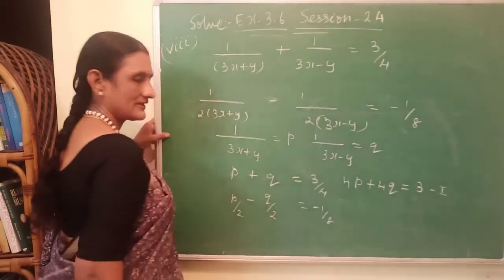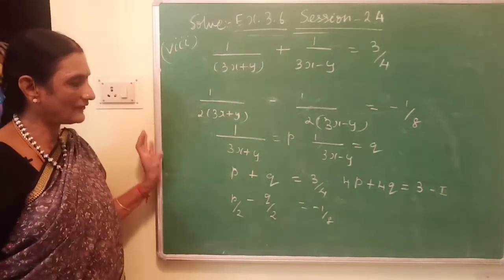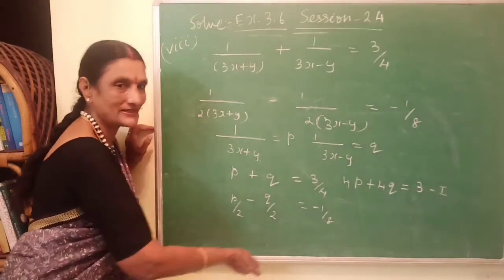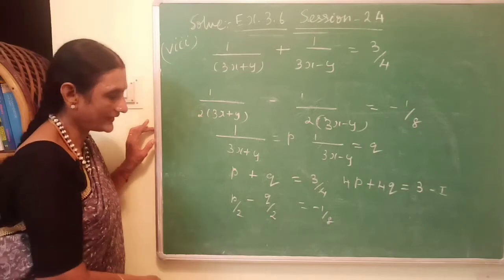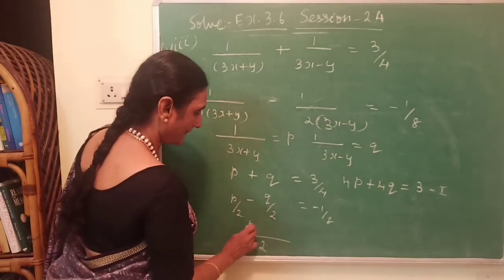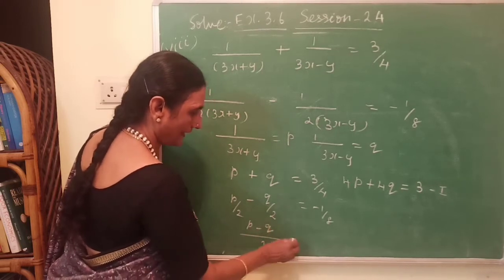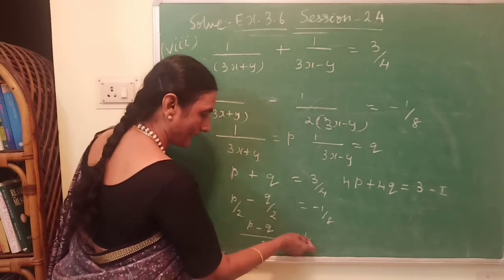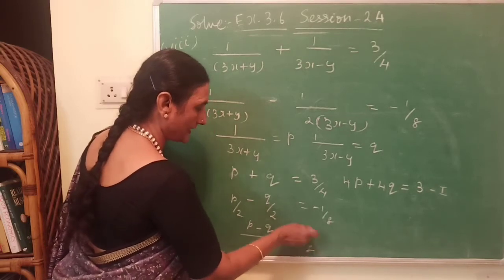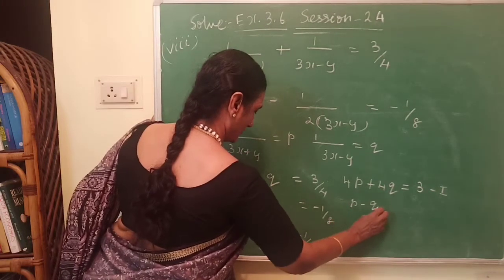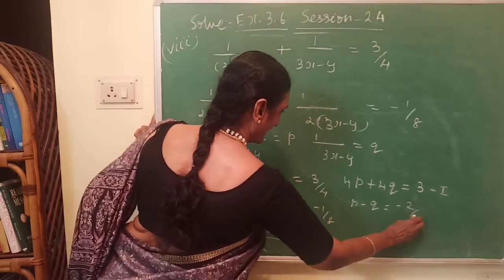So here what am I doing? Again we have to balance it. How do we balance? 2 being the common denominator. So what do we get? The common denominator I will write like this. Here p minus q is equal to minus 1 by 8. On cross multiplying, the whole equation becomes p minus q is equal to minus 2 by 8.